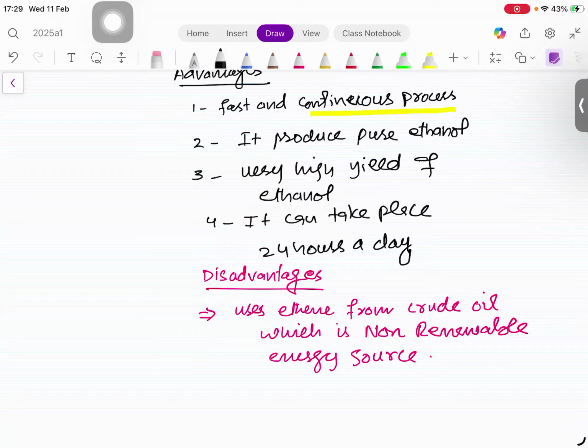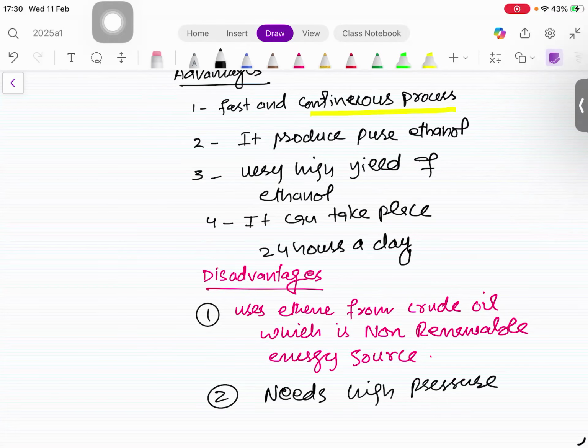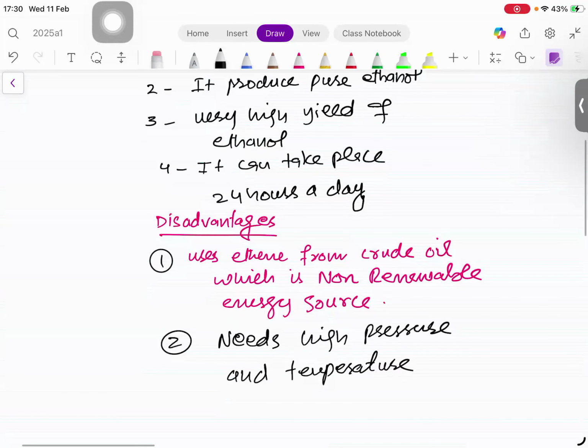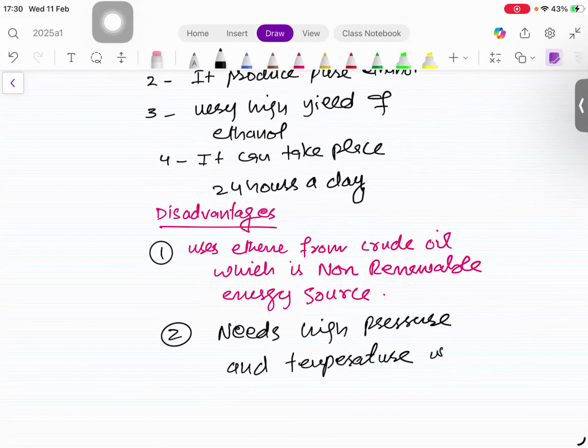Secondly, as you can see, the reaction conditions are very extreme. It needs high pressure and temperature, which makes it expensive. It is an expensive process to prepare an alcohol.